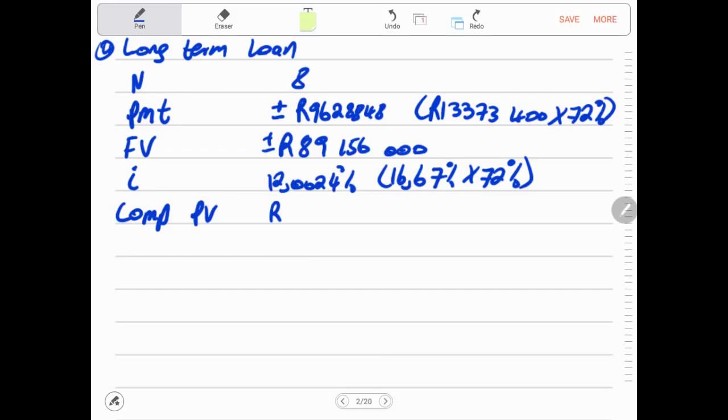I'm using Sharp: 8 is my N, 12.0024 is the interest, 9,628,848 plus or minus is my PMT, and 89,156,000 plus or minus is my future value.